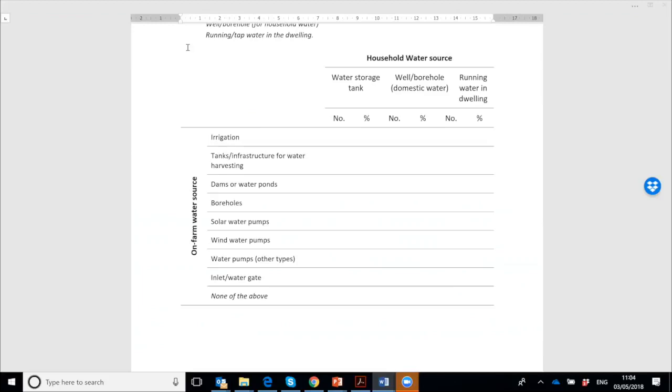So these are the on-farm sources of water, and in this context those were relevant, and those rows became options in your questionnaire. Exactly. And then you have well-defined, very specifically defined columns of your table, and those became options or choices for answers in your questionnaire.